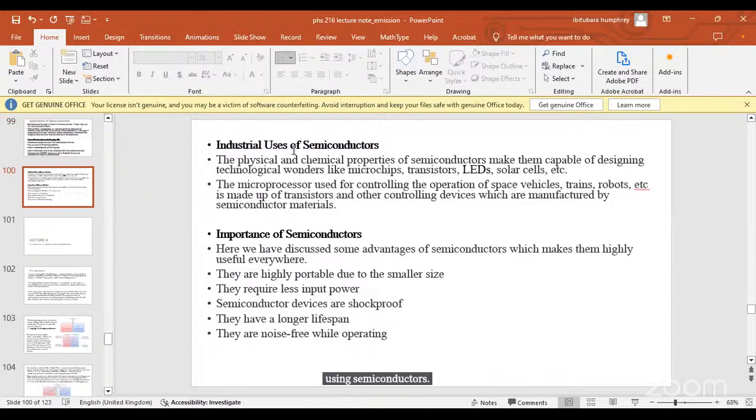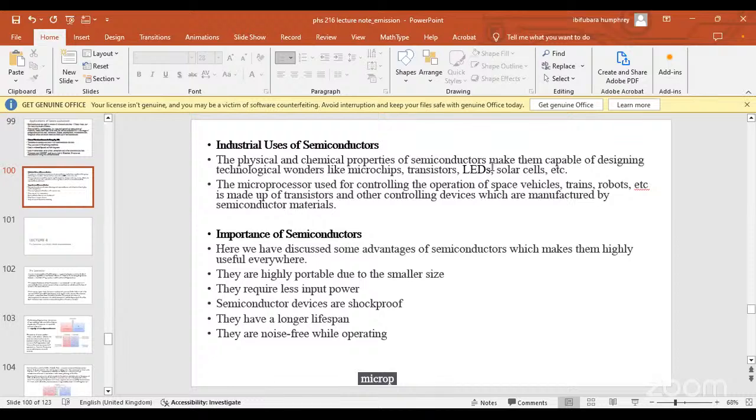Industrial uses of semiconductors. The physical and chemical properties of semiconductors made them capable of designing technological wonders like microchips, transistors, LEDs, and solar cells. All around us, we have flat screens, and so many of them.